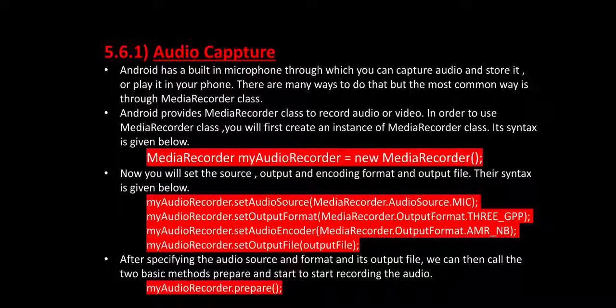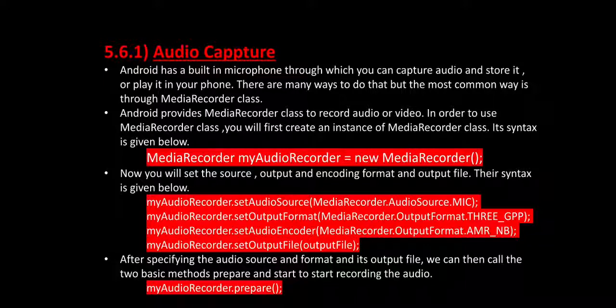In order to use the MediaRecorder class, you will first create an instance of the MediaRecorder class, that is, an object of that class. That is MediaRecorder myAudioRecorder, this is the object of the MediaRecorder class using the new keyword, that is new MediaRecorder.